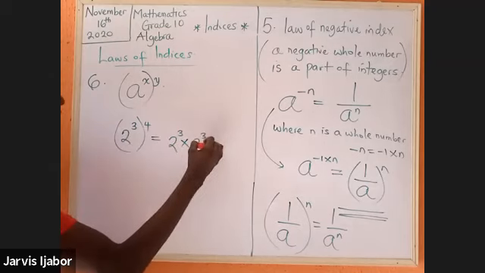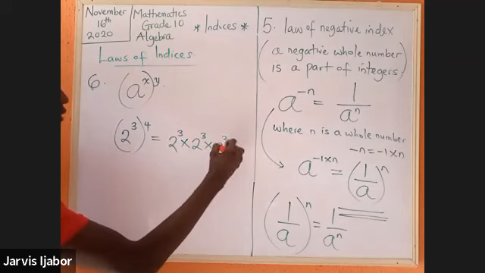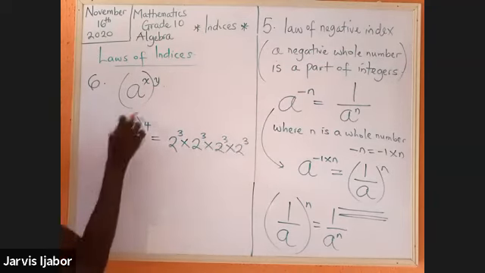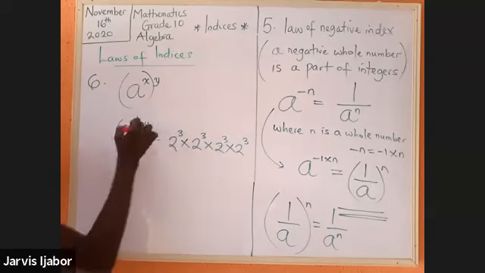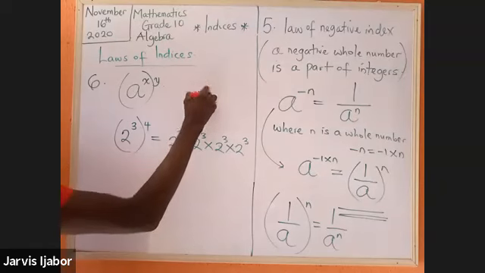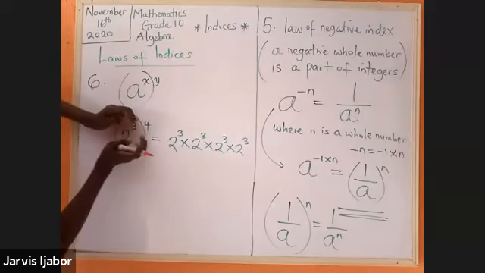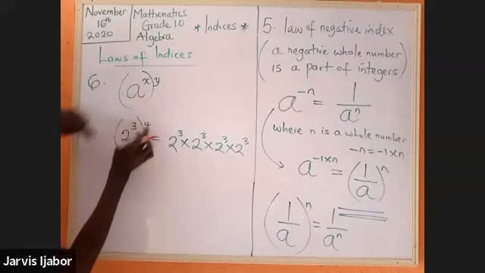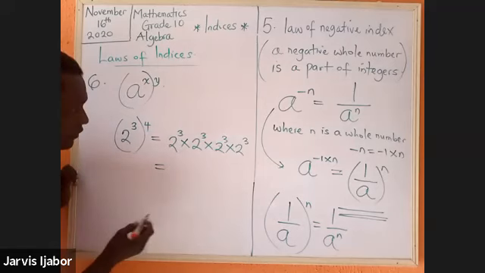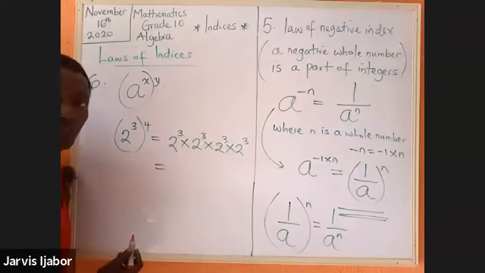2 raised to the power of 3, 4 times. So you'd have had this. If I had said 2 raised to the power of 3, that would have made 8 raised to the power of 4, is that not? But now, this one means everything in this bracket multiplied 4 times. Now, if you look at this, how many of these 3 can you see? It's 4.